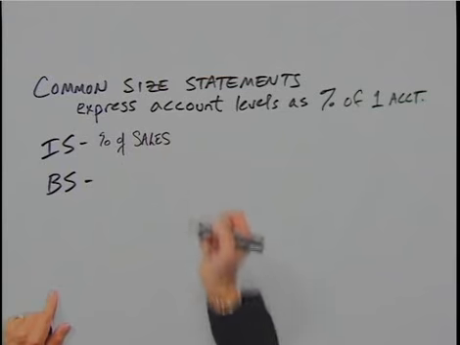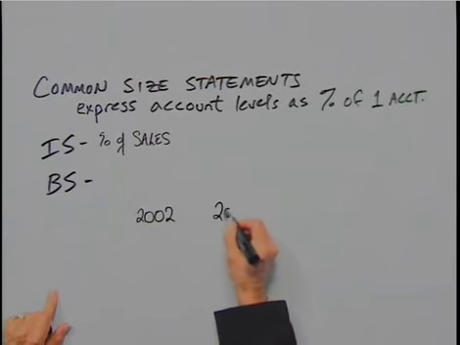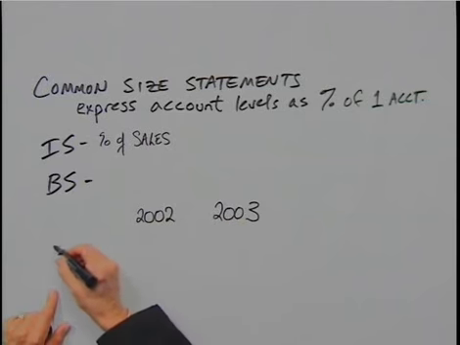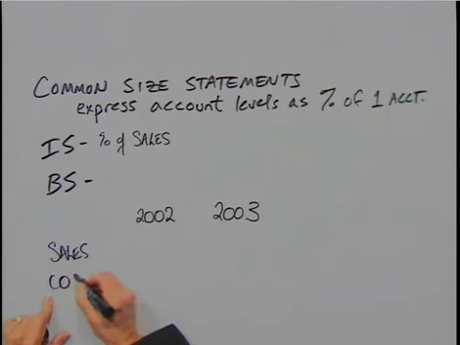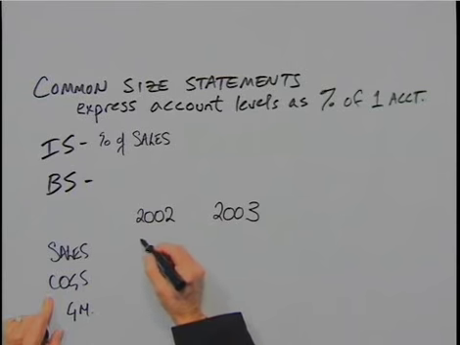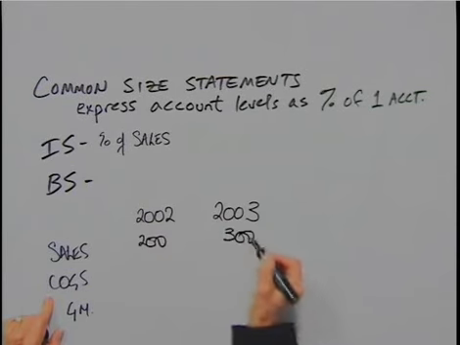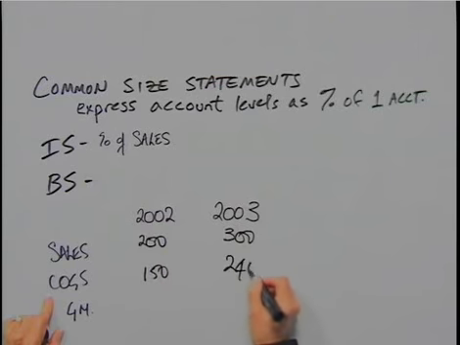So to give you a simple example, imagine we have the year 2002, 2003, and we have sales. I'm just going to do a partial income statement here. So 200, 300, then 150, 240.